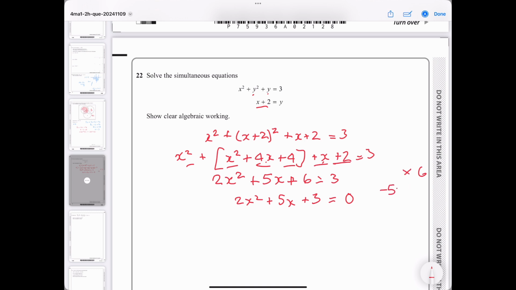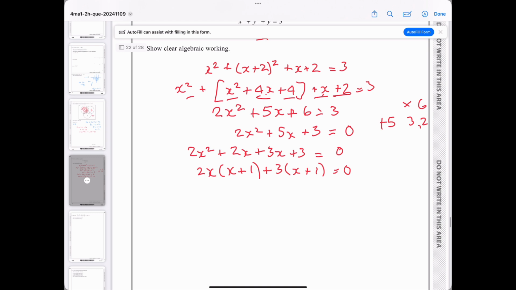Well, 3 and 2, so that means 2x squared plus 2x plus 3x plus 3 equals 0, so that means 2x plus 3 and x plus 1 equals 0.